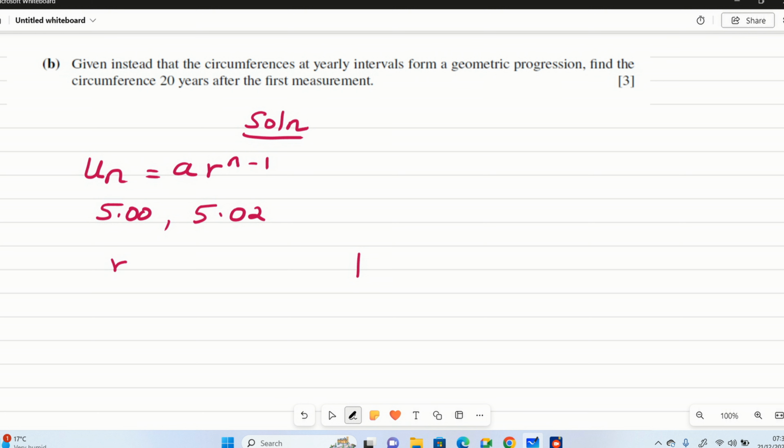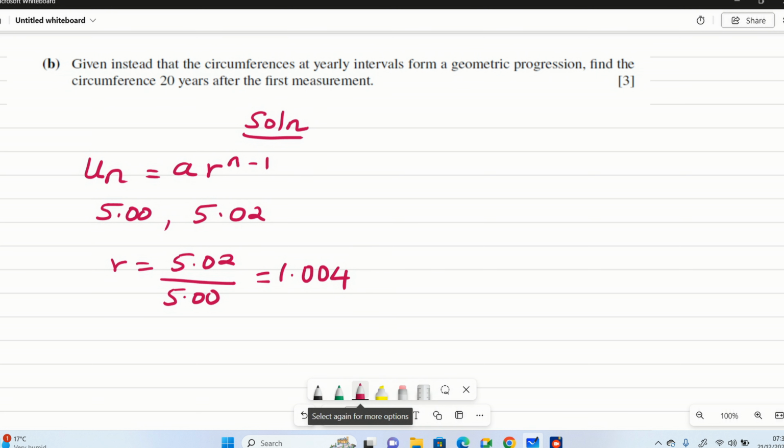So we can get a common ratio by taking the next term, which is 5.02, divided by 5.00. So we have 5.02 divided by 5. It's giving us 1.004. Note that this is a ratio and we can't give it a unit.